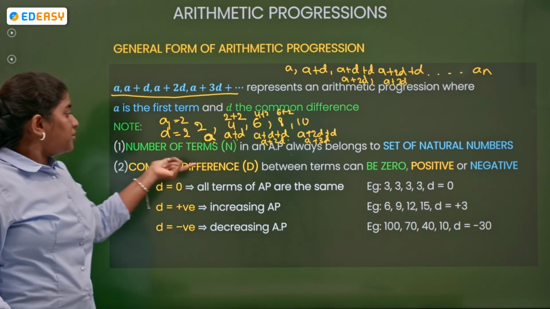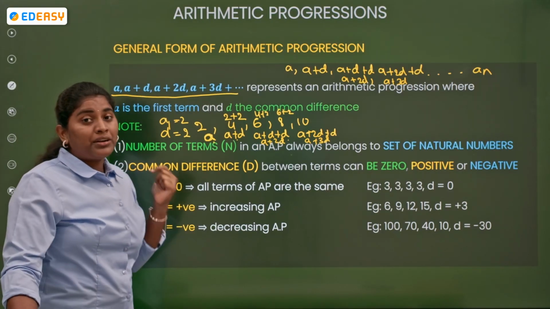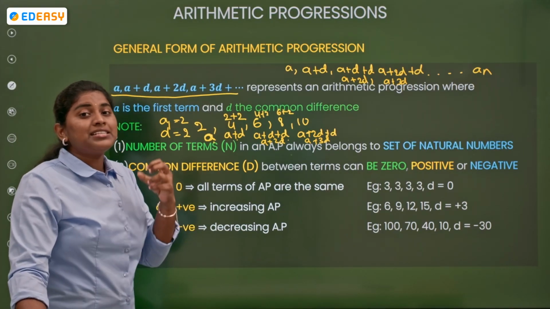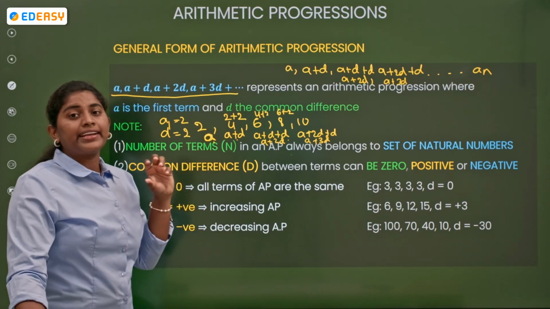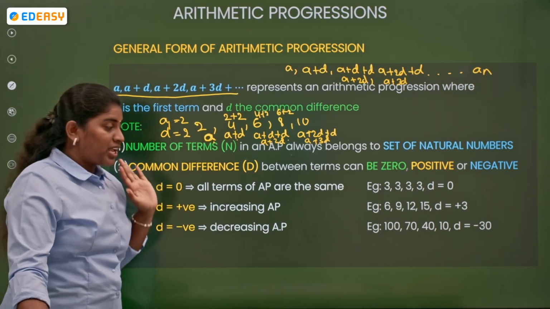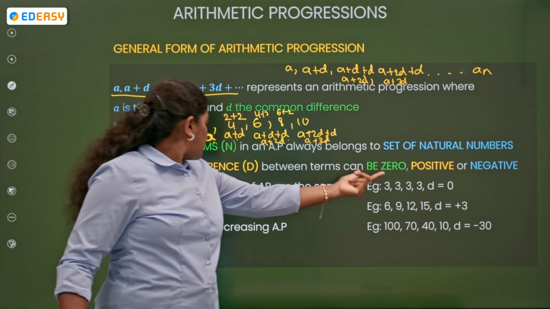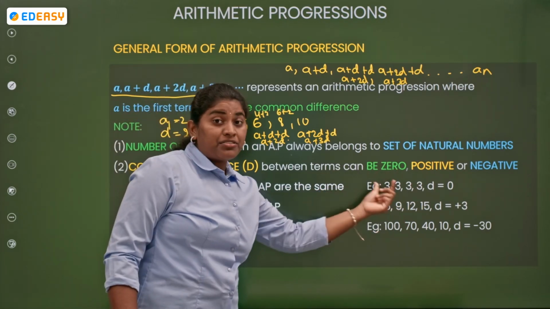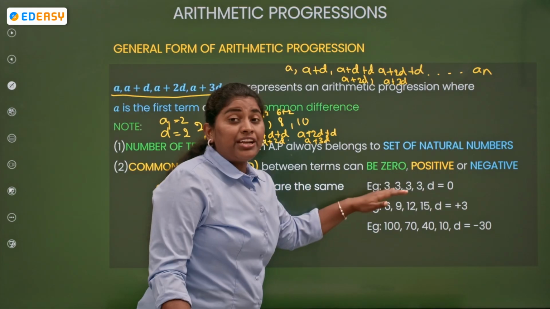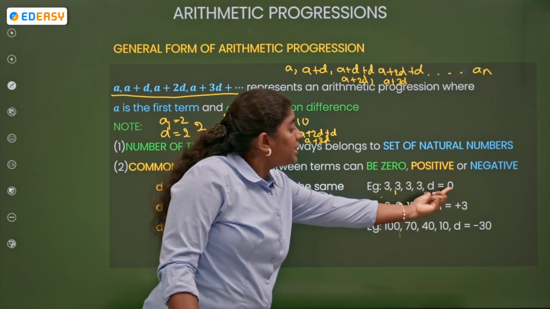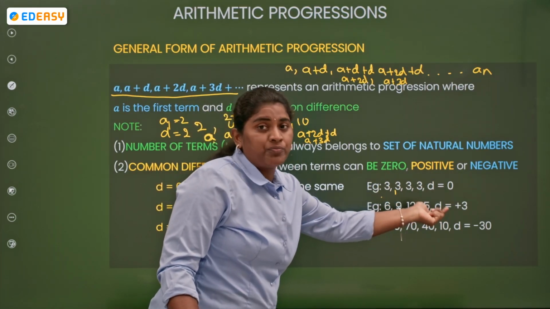Coming to the second point, what about the common difference? The common difference can be a positive number, can be zero, and can be a negative number also. How? If you first look at your given AP, the first AP here is 3, 3, 3, 3, and if you find the common difference, we will be getting the common difference as 0.